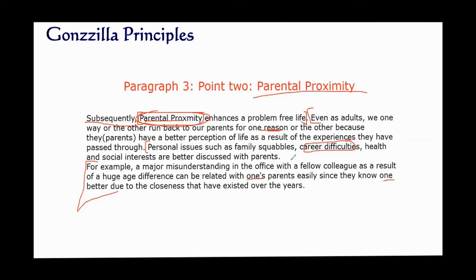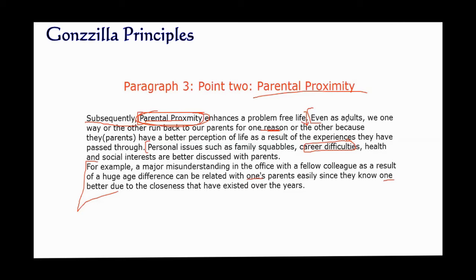So what you've actually gotten out of this is, for every sentence I write, I try to create a keyword or key set of phrases in it, so that when I write another one, I have something to fall back to. So let's look at this paragraph again. I started off with proximity: parental proximity enhances a problem-free life, and the sentence ended there.